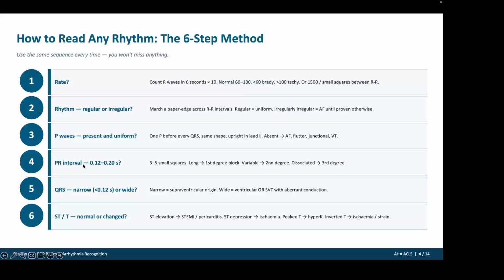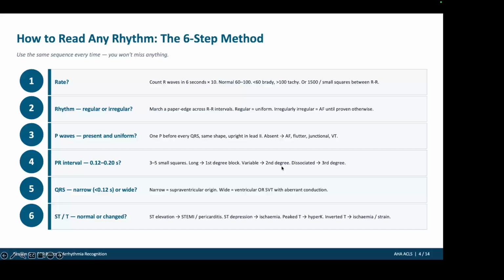Next, the PR interval. The normal PR interval is 0.12 to 0.20 seconds. That is equal to 3 to 5 small squares in a standard ECG measurement. If the PR interval is long, then it is first degree heart block. If the PR interval is variable, that may be due to second degree.